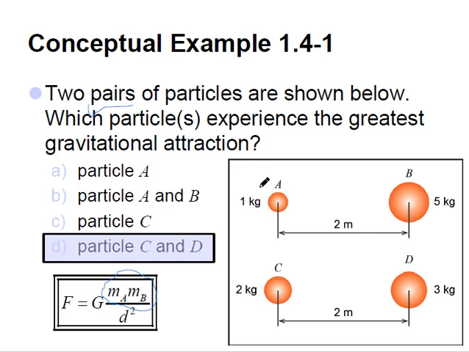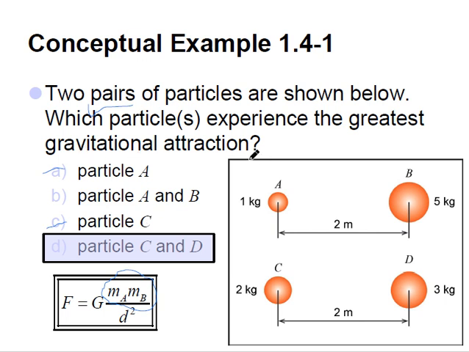Particle A has only 1 kilogram. Our problem is dealing with gravitational attraction, so you can eliminate A and C right away, because it only considers a single particle.